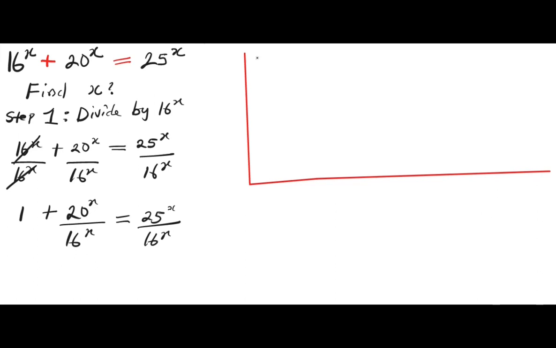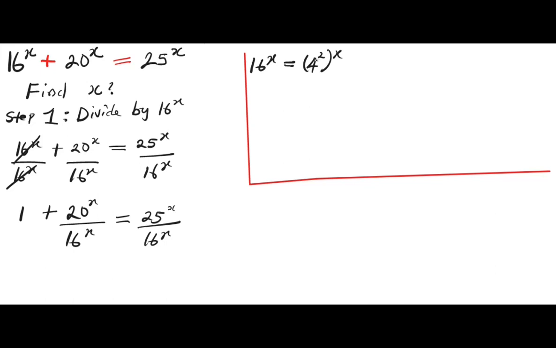So we are going to start with 16 raised to the power of x. 16 raised to the power of x can be written as, 16 is 4 raised to the power of 2. So you have 4 raised to the power of 2, all raised to the power of x, okay?